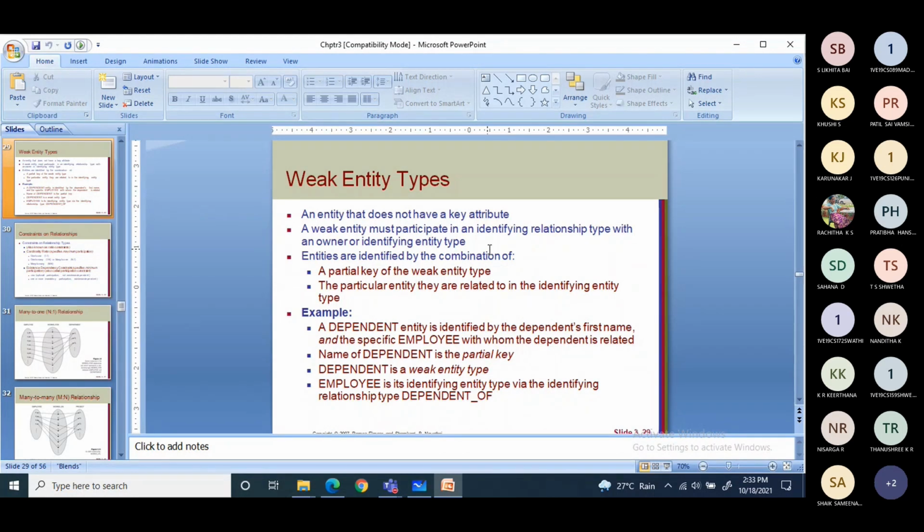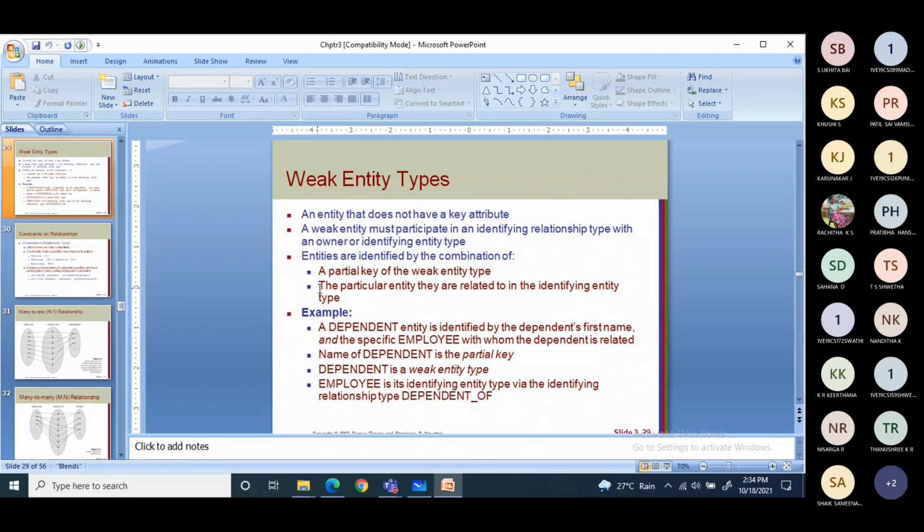A weak entity must participate in an identifying relationship type with an owner or identifying entity. Owner entity means, here, the employee is the identifying entity of a dependent. Entities are identified by the combination of a partial key of the weak entity type.